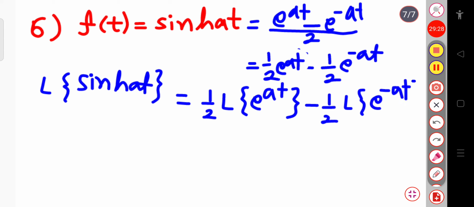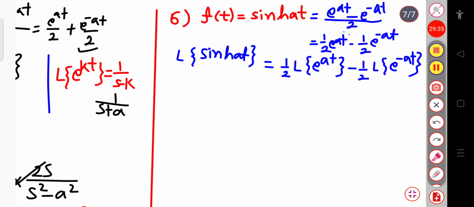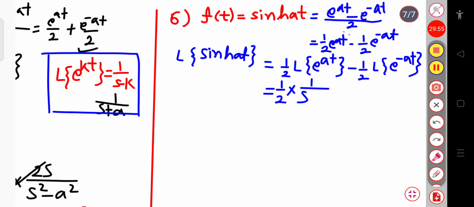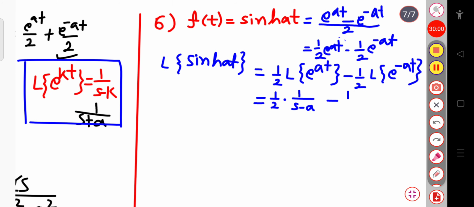And also you know the Laplace transform of exponential kt is 1 by s minus k. Now if I put here Laplace transform of exponential at, then this will be equal to 1 by 2 into, in place of k it is a, so this will be 1 divided by s minus a, and for the second term this will be minus 1 by 2 into the Laplace transform of exponential minus at.